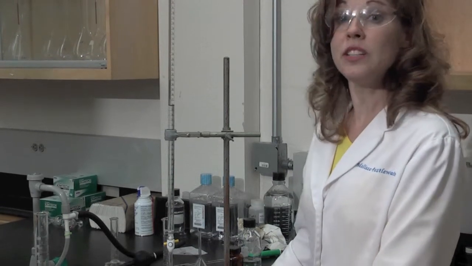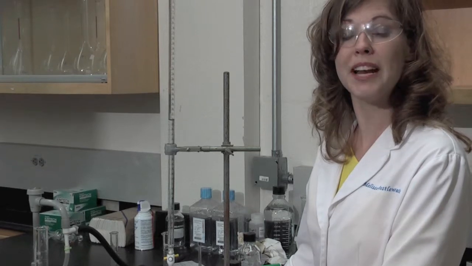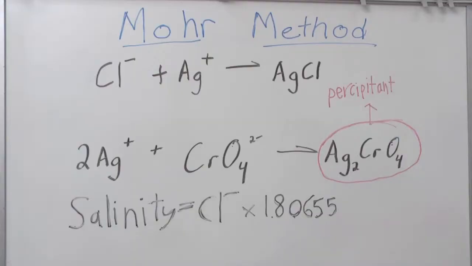From here, we can do our calculation to determine how many chloride ions are in the seawater. A good analytical chemist can calculate the chlorinity just as accurately as a conductivity meter.